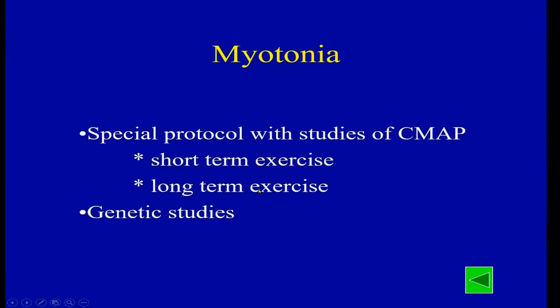These are studies that take up to 1 hour, and they were well defined and explained by the group around Fournier in Paris. So just go to that literature, and also genetic studies naturally to get the details of the myotonic subgroup.